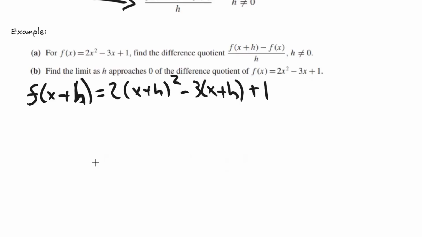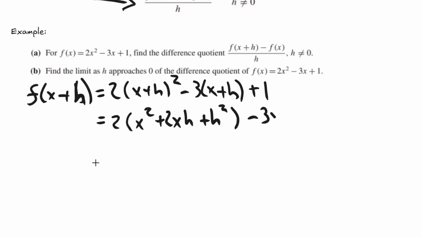I'm just substituting x + h in anywhere there's an x. So next thing is we would FOIL the (x + h) squared, and you get x squared + 2xh + h squared. Then we could distribute the negative 3, so minus 3x minus 3h, then the plus 1.